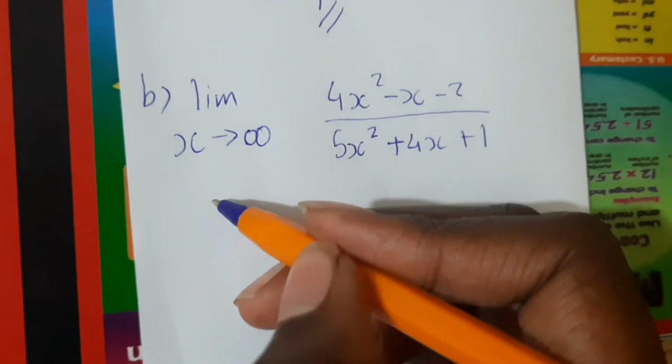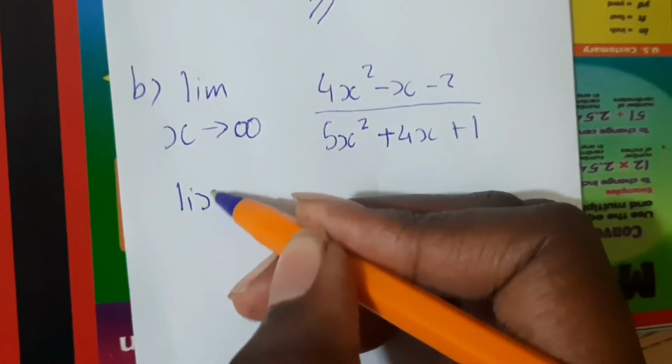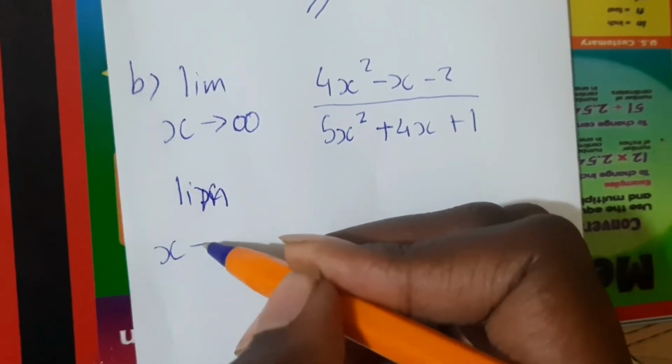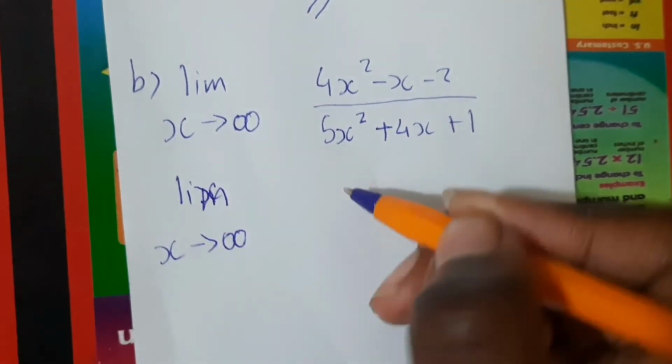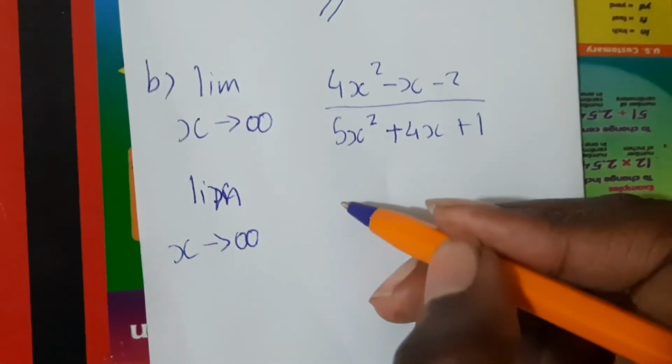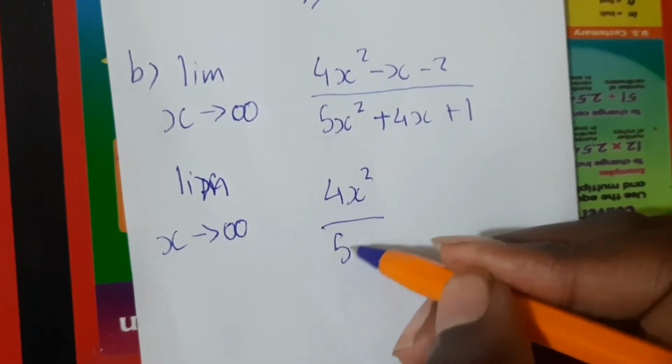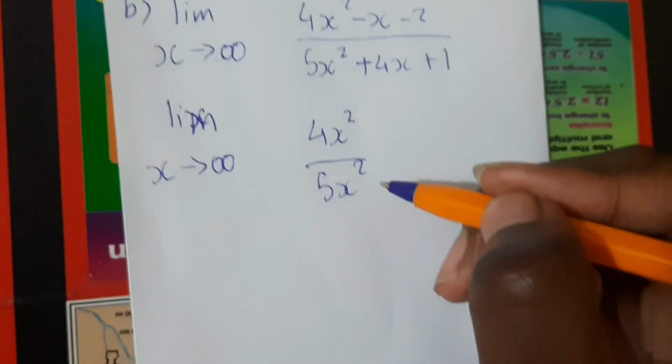So again, we're only going to consider the values with the highest degrees or the highest powers. So we're going to have 4x squared over 5x squared.